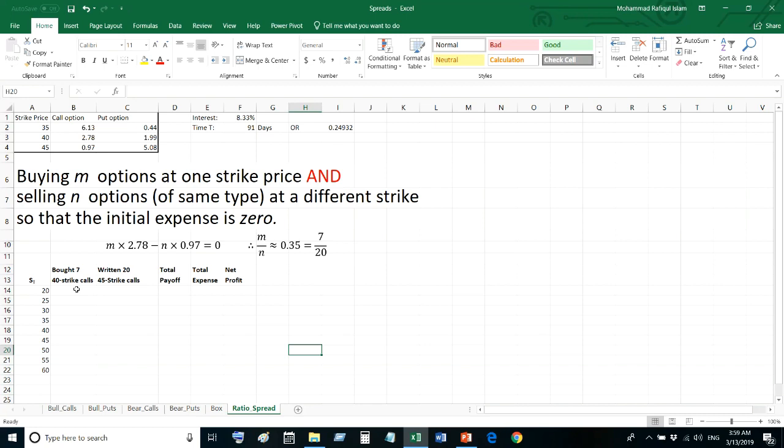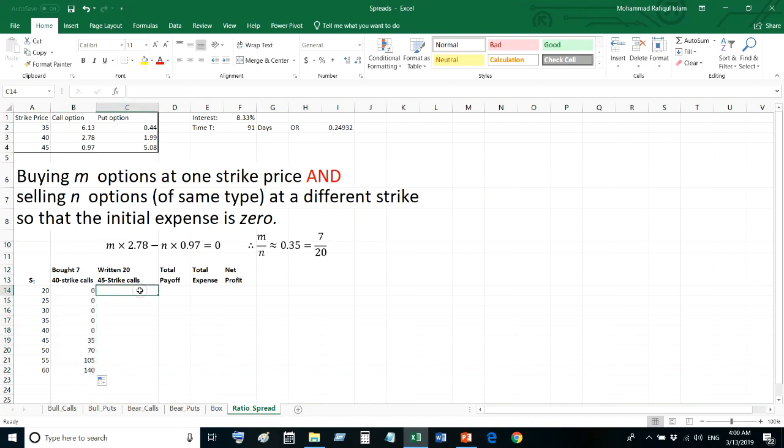Let's calculate the payoffs. Since we bought 7, put 7 first, then the maximum of the spot price minus the strike price 40, or 0. That's the payoff.